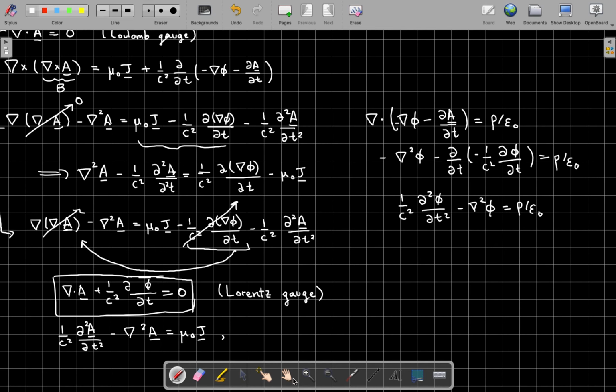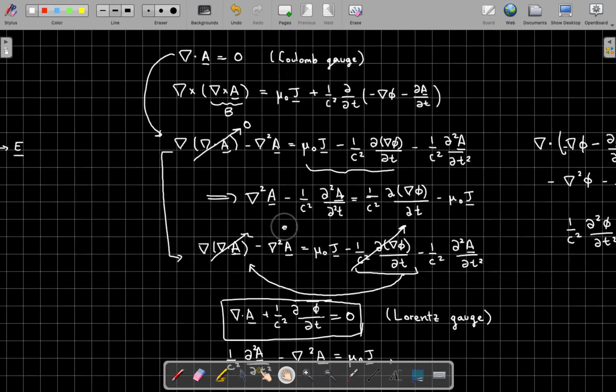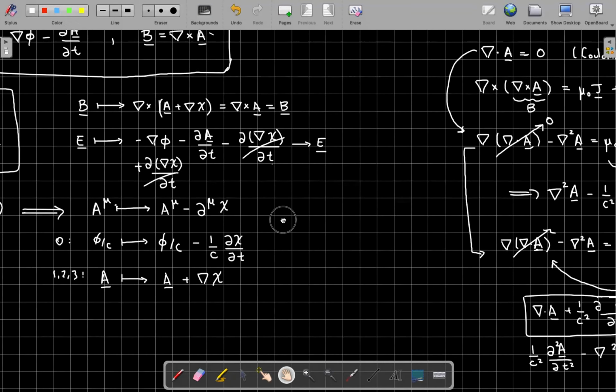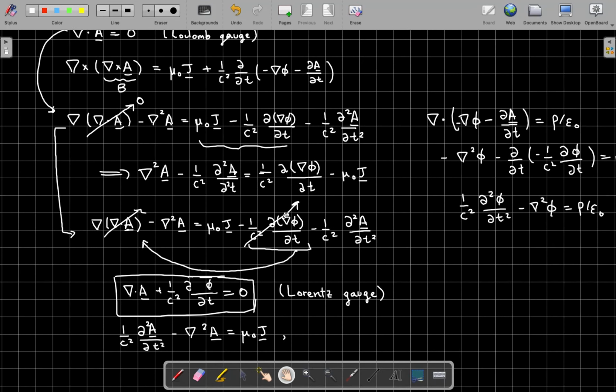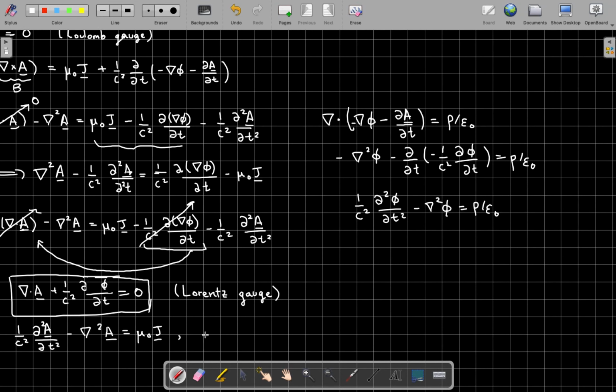But remember, in our original definition of our candidate 4-vector potential, I used phi over c. So I want to write this as phi over c, just to see if I can write this in a nice way. So phi over c, I'm dividing everything by c, so I should also divide here by c.